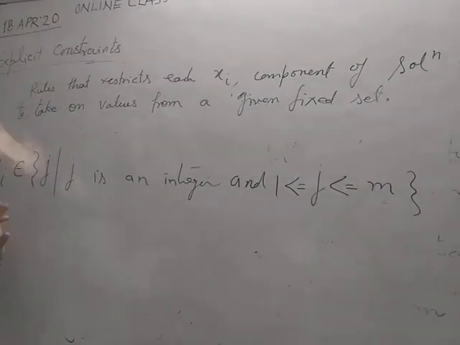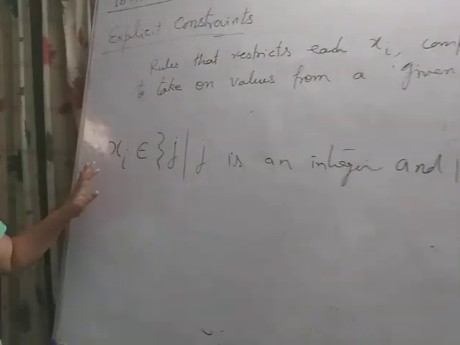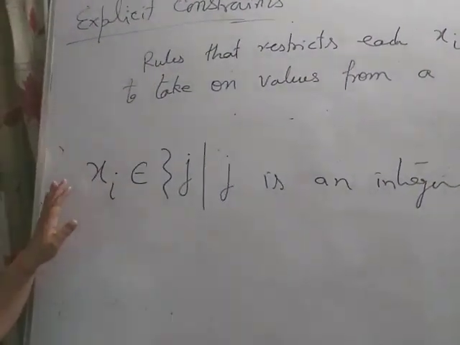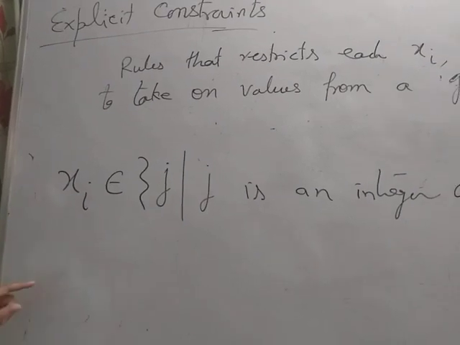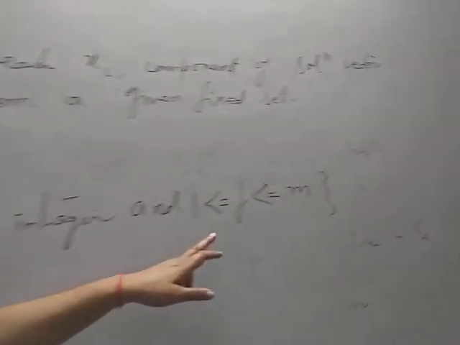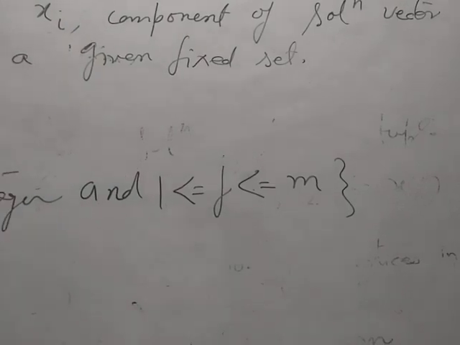So for this problem, the explicit constraint is that every element of the solution vector is a color, from 1 to m.